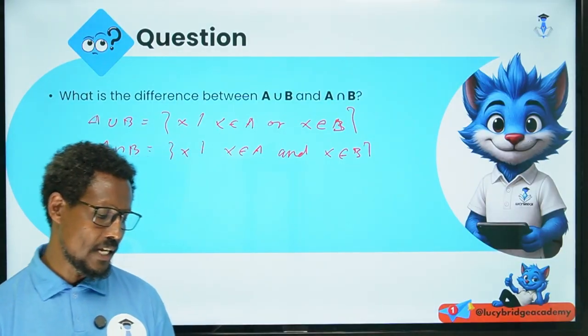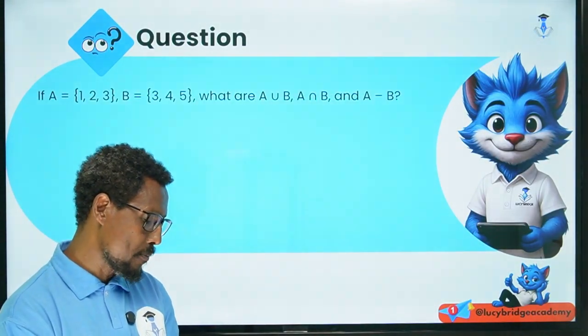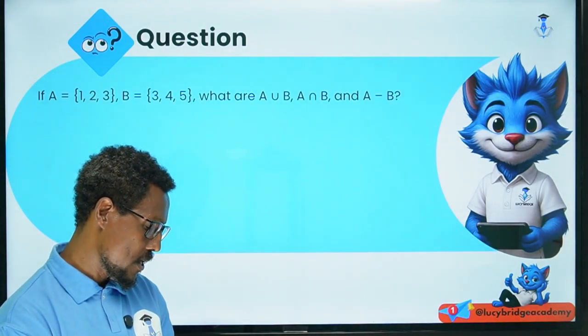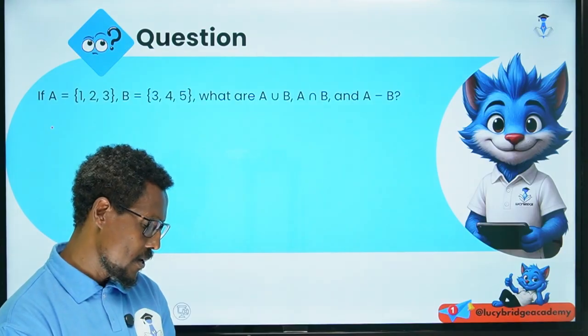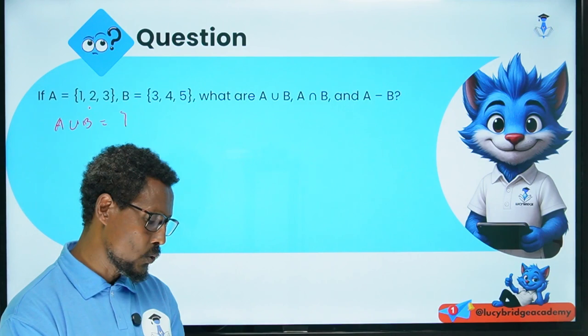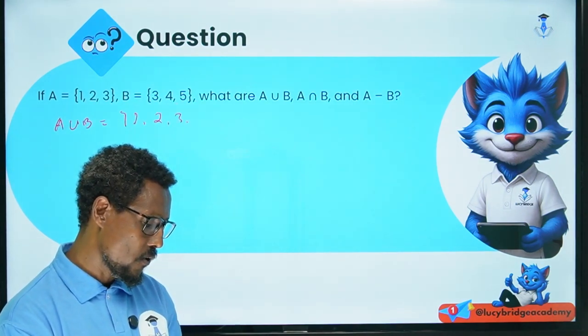Questions. A is given, B is given. What are A union B, A intersection B, and A minus B? A union B is equal to the elements in A and B: 1, 2, 3, 4, and 5.